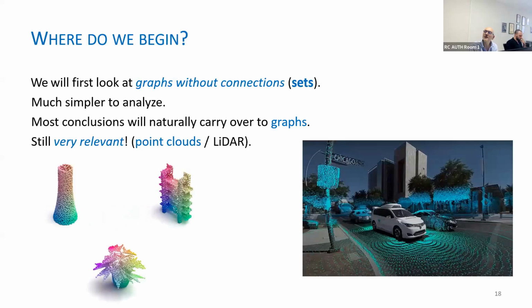So point sets, basically you can think of point sets like graphs without connections, because we have just points normally in the 3D space, but these points could also be in a higher dimensional space in the case of a graph. To make it more concrete, we can think of these points as the sampling of a given shape.